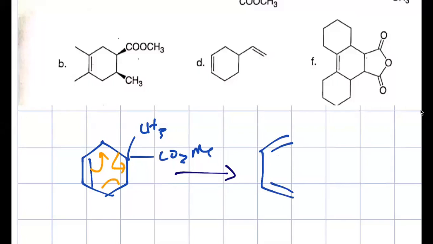See how this arrow is going to put a pi bond here, put a pi bond here, and then one here. So I'll get that plus this.